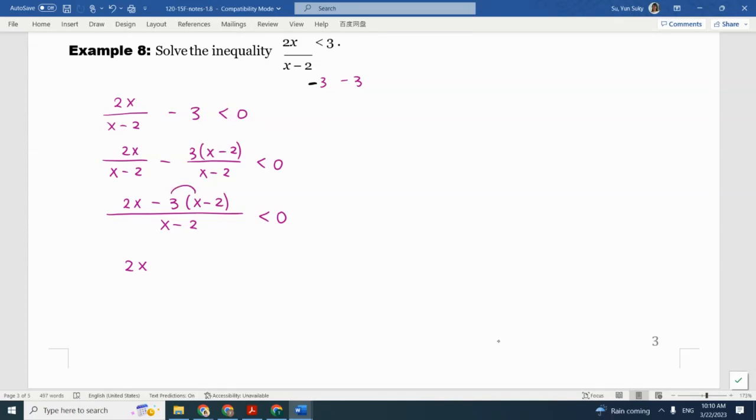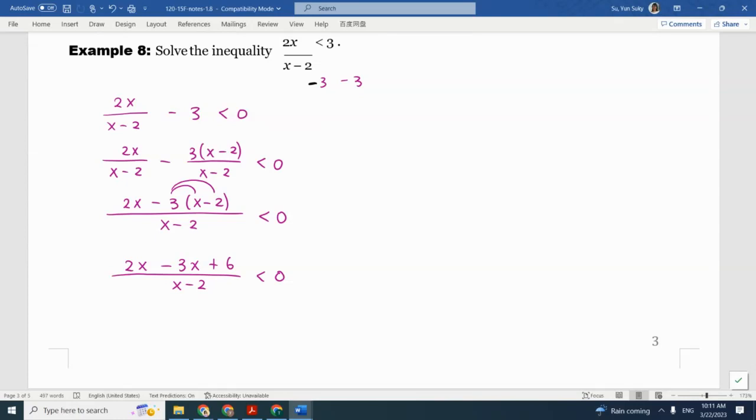So negative 3 times x is negative 3x. Negative 3 times negative 2 is positive 6. So far, so good. Everyone?